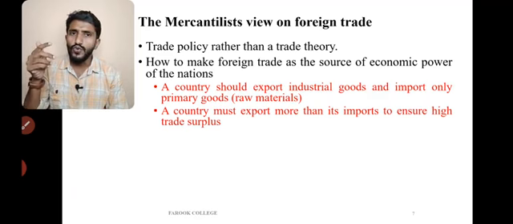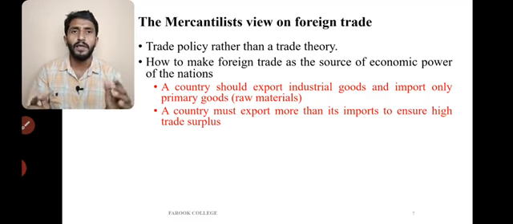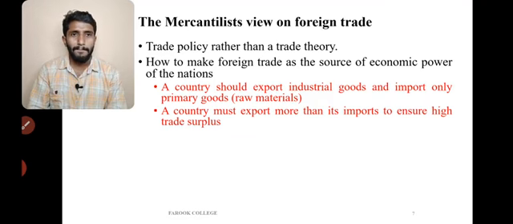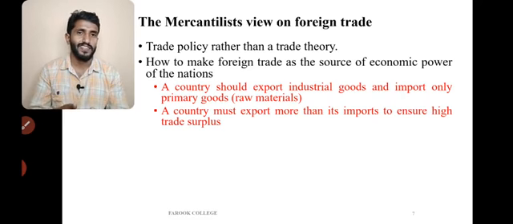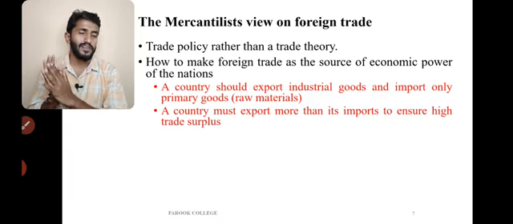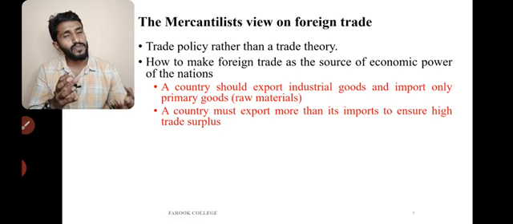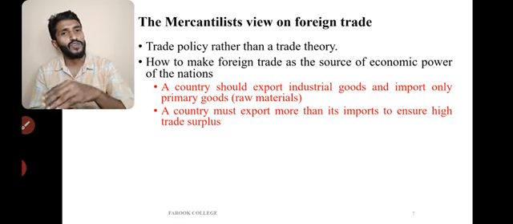They made two policies. Firstly, a country should export industrial goods and import only primary goods, not manufactured goods. Like I said in the case of India, we were exporting the raw materials from here to Britain, but after making products from them, they were exporting the same product in a different form to India.